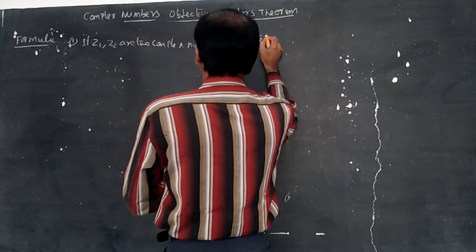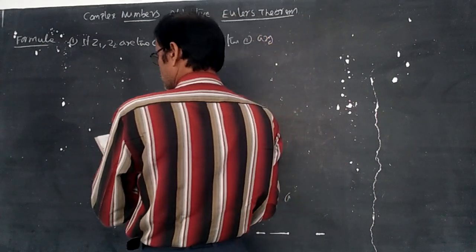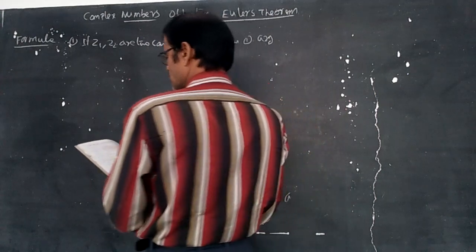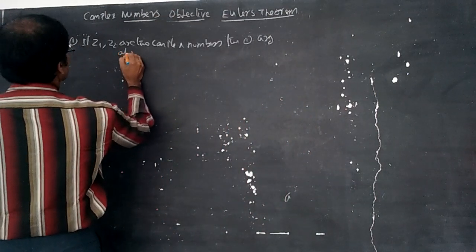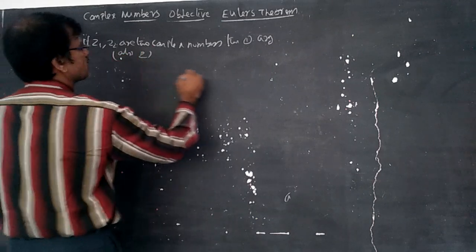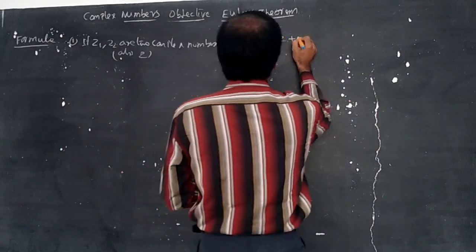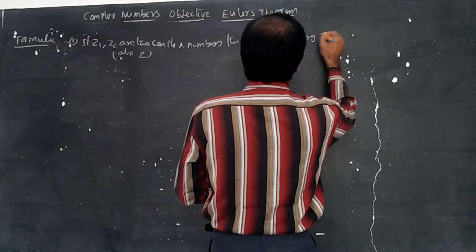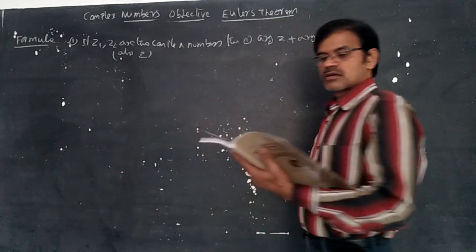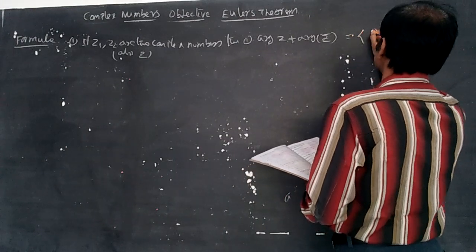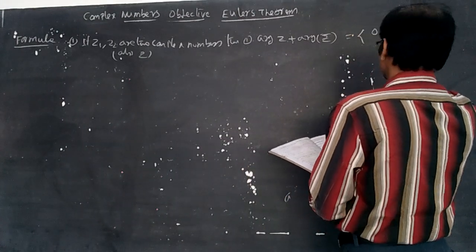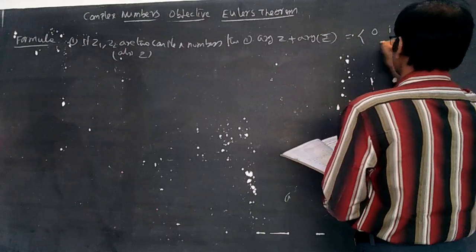First one: argument z plus argument z bar, so theta plus of minus theta, is equal to 0 if theta is not equal to pi.